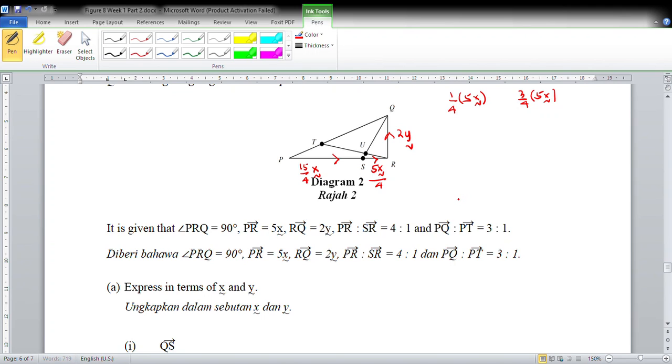Now, if you look at part A, you want to find QS. So you write out QS is Q to R plus R to S. You can see RQ is 2y, so QR is the opposite direction, so you get negative 2y.